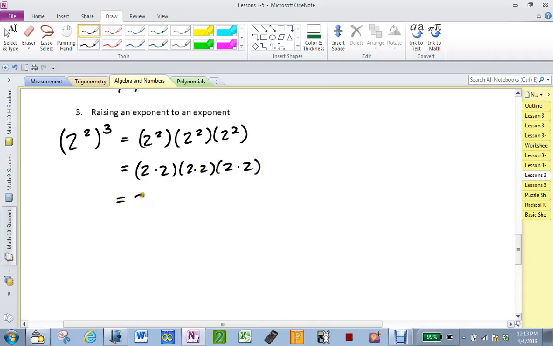Which gets me 2 to the 6th. What's the shortcut? Multiply. So x to the a to the b equals x to the a times b. Everybody remembers this, yes? Yes? Okay.